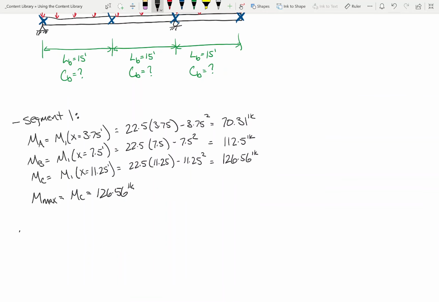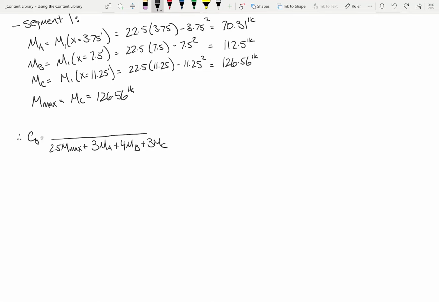Because the way you calculate CB is you got a big old denominator, all under that. Again, we just take everything as an absolute value, everything is a positive number, although that's not really a big deal for this segment because they're all positive anyways.